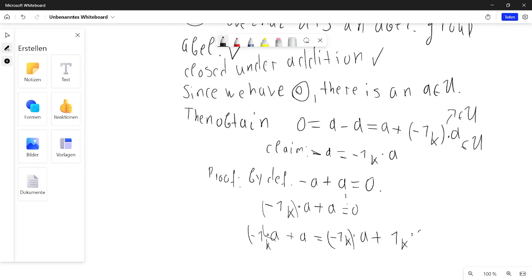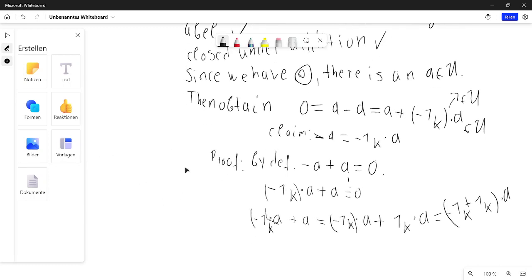Recall the property of the vector space, multiplication by 1 doesn't change anything. Then we recall the distributive law on a vector space, right? One of the distributive laws, right?